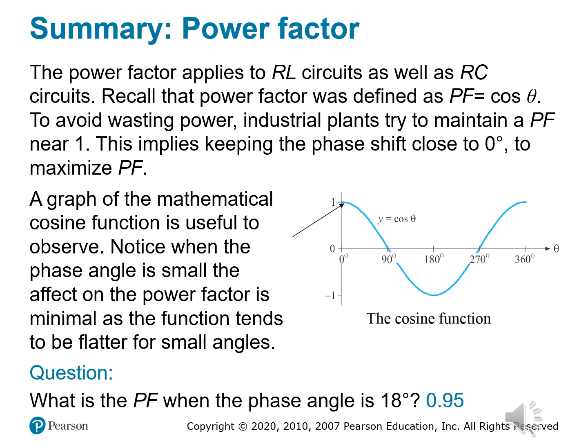So let's answer a question shown here in the slide. What is the power factor when the phase angle is 18 degrees? You just plug in the numbers. Cosine 18 degrees is approximately 0.95, and that's a pretty good, standard, acceptable power factor. It means that you're using your power efficiently.